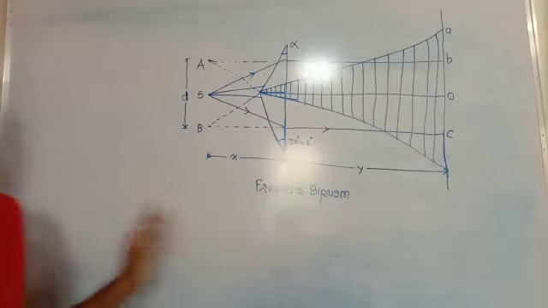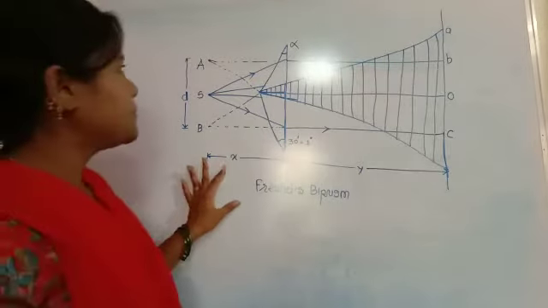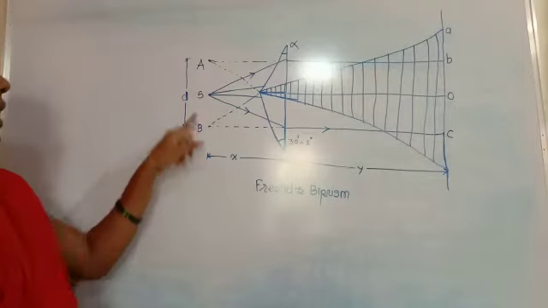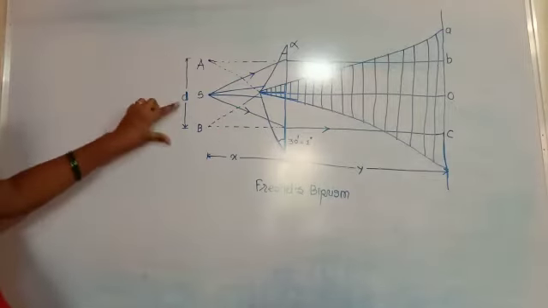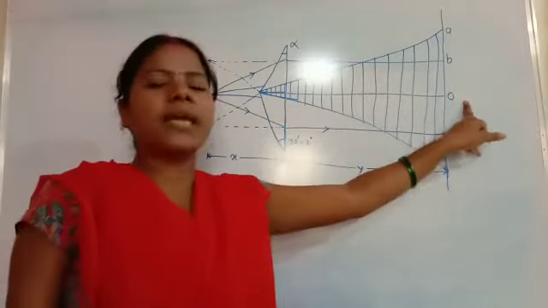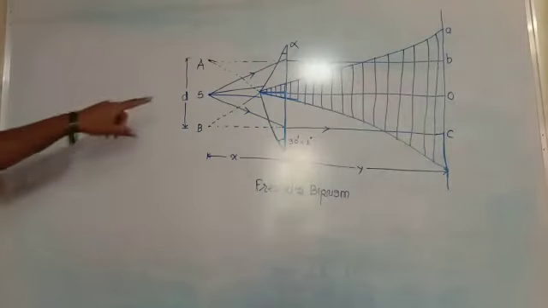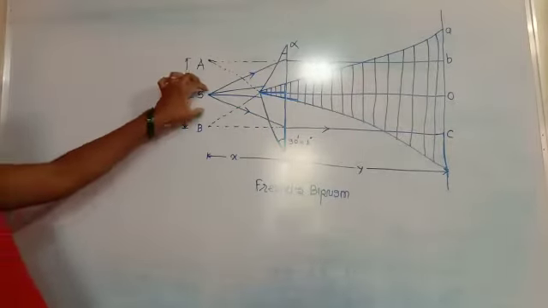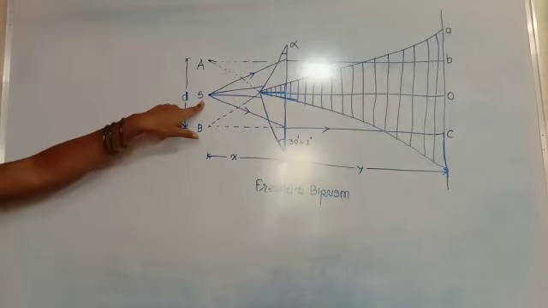Then how is the production of two coherent sources done? In this diagram, A, B and S is the source. The distance between A and B is small d, and the total distance from the source to the screen is capital D. The source emits a number of rays.